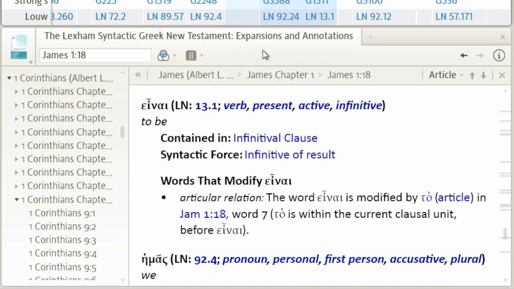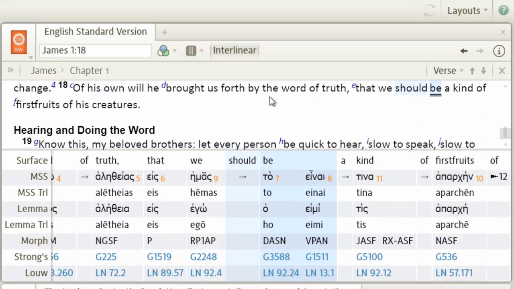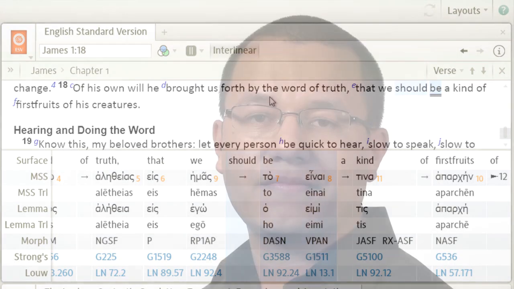Here in the expansions and annotations, we see that enai, the Greek infinitive in our verse, is labeled with the syntactic force of result. And so, going back up to our verse here in the ESV, of his own will he brought us forth by the word of truth, with the consequence that we would be a kind of first fruits of his creatures. That is to say, us being a kind of first fruits is the outcome or consequence of him bringing us forth by the word of truth.